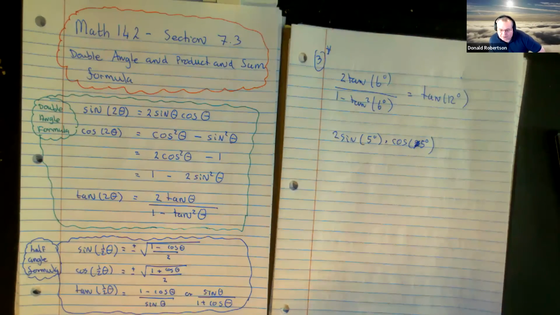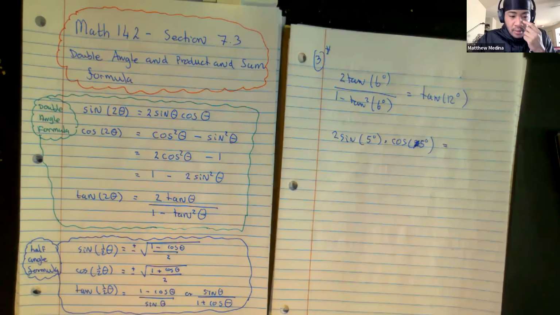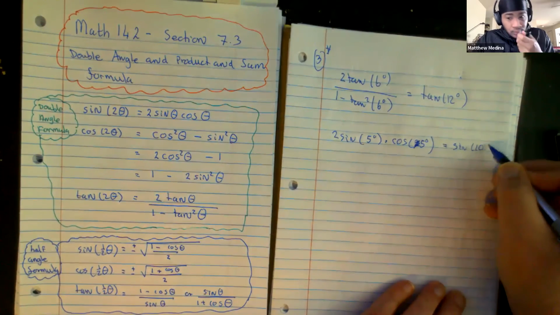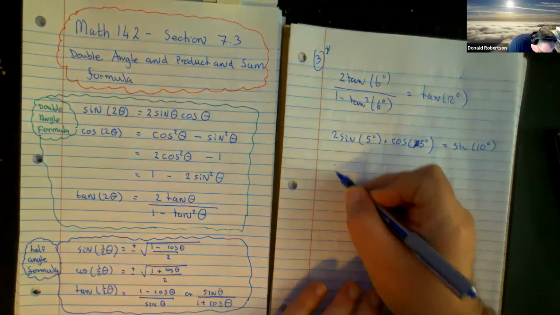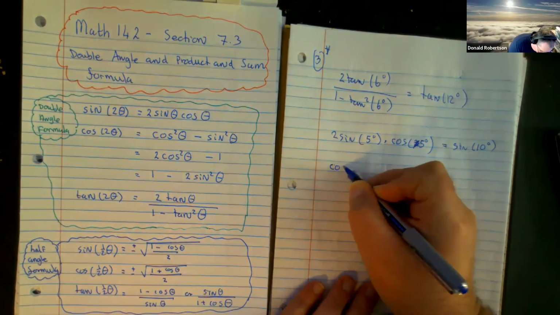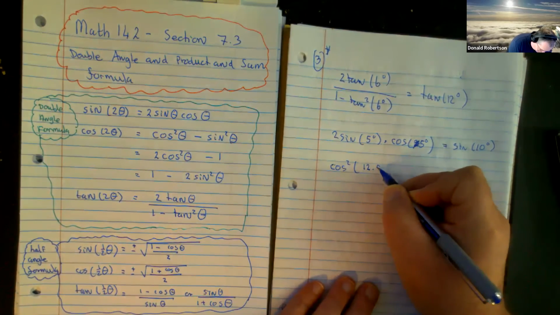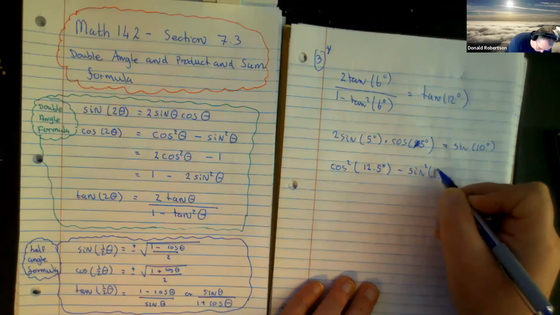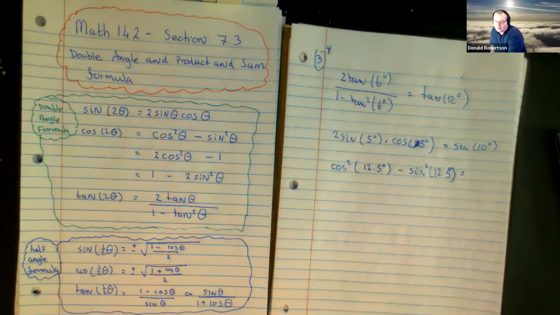Two times the sine of 5 degrees times the cosine of 5 degrees. What would that be? Sine of 10. I guess for completeness' sake, what would that be the same as?